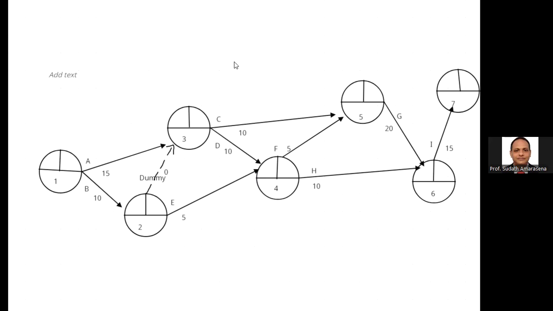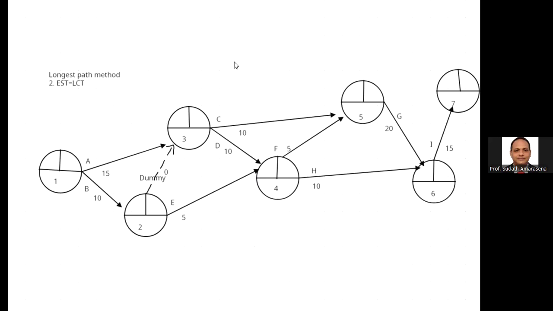Don't misunderstand. If you want to identify the critical path, we consider the longest path, right? But the meaning of the critical path is the shortest path. If you want to go somewhere, we try to find the critical path because we can minimize the time and cost both. Okay, first I will explain how to apply the longest path method to identify the critical path.